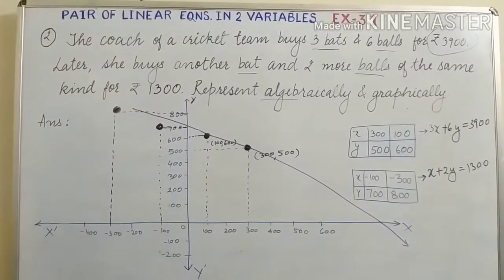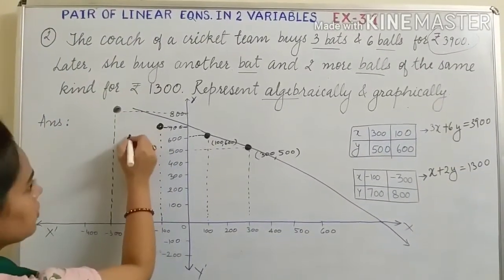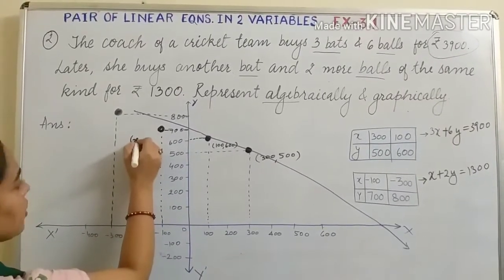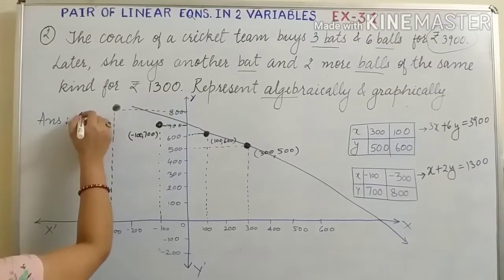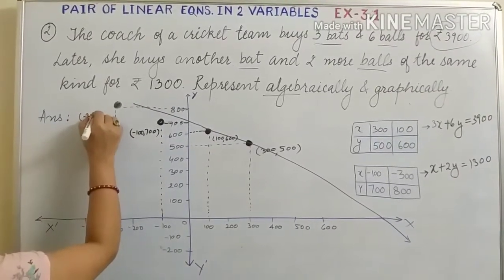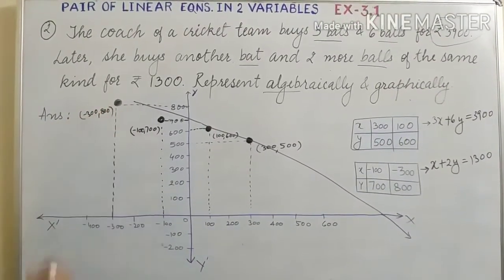This is the point. This is minus 100 and 700, and this is minus 300 and 800.